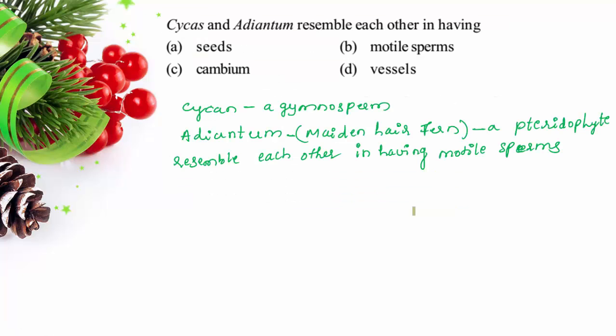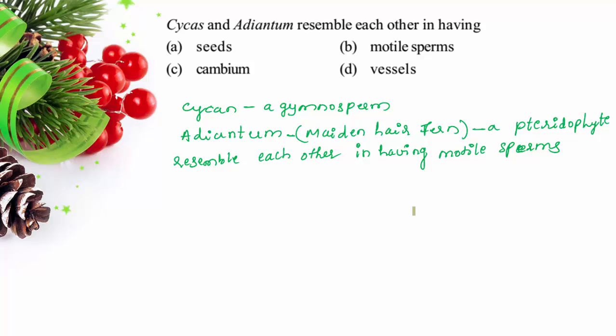Then, Cycas and Adiantum resemble each other in having seeds, cambium, motile sperms and vessels. Cycas and Adiantum. Cycas, it is a gymnosperm. Adiantum, it is a pteridophyte.